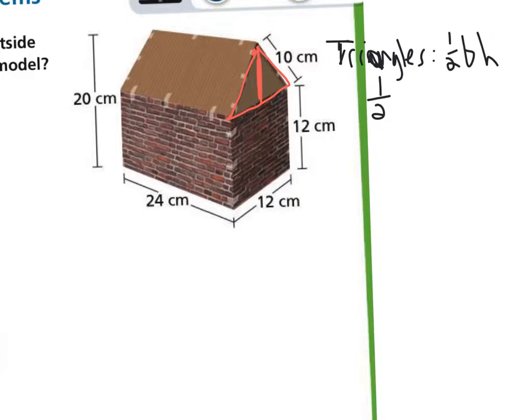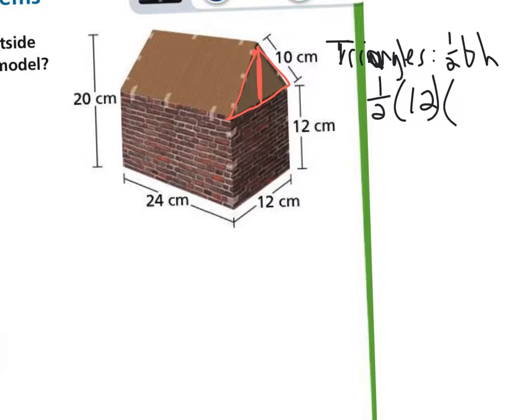So the question is, if we consider this end to be a big triangle on that one red part there, what would the base of our triangle be? 12. 12, good. So our base is 12 centimeters, and what would the height of that triangle be? 20? No. 10?